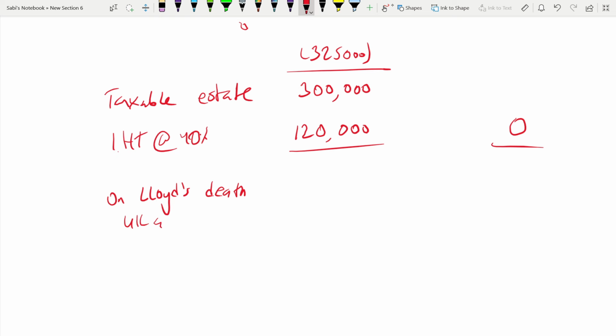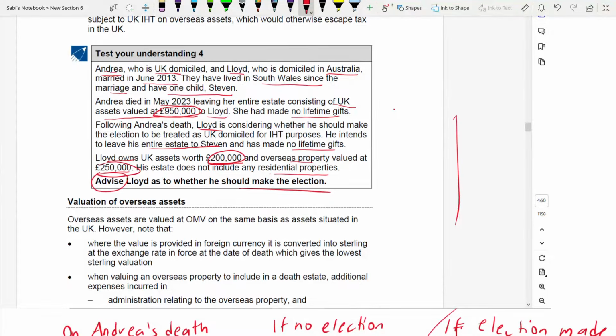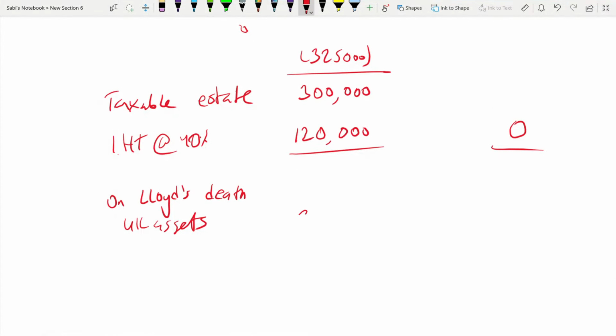UK assets are separate. UK assets will be charged because he's non-UK domicile. So what was the UK asset? 200,000. Overseas is 250,000. Overseas will only come when treated as UK domicile, otherwise no. So 200,000 will come. UK assets will come no matter what, whether you make the election or you do not make the election. Now how much has he inherited from his wife?